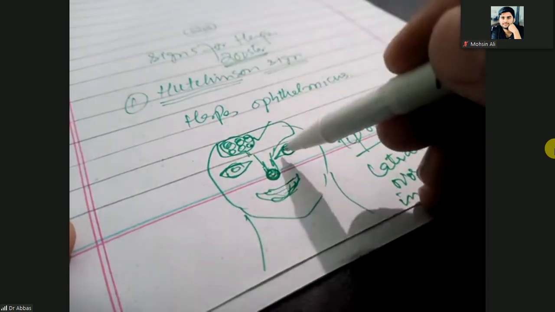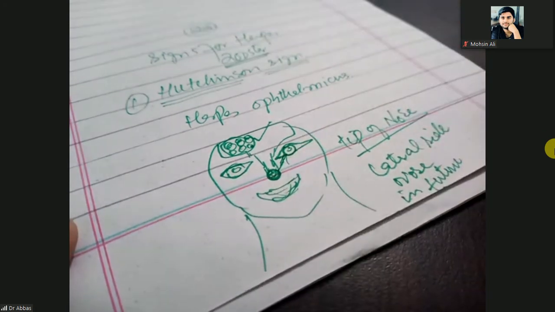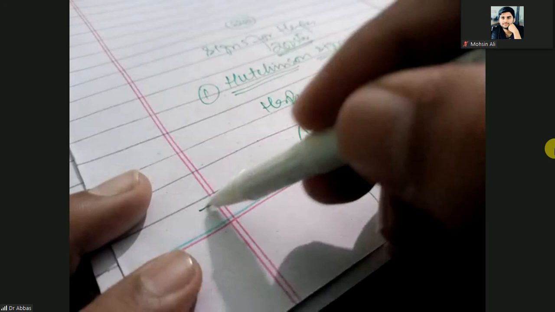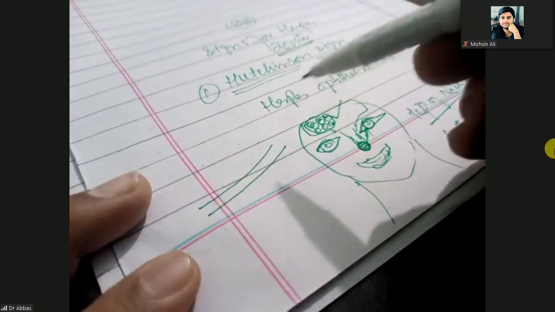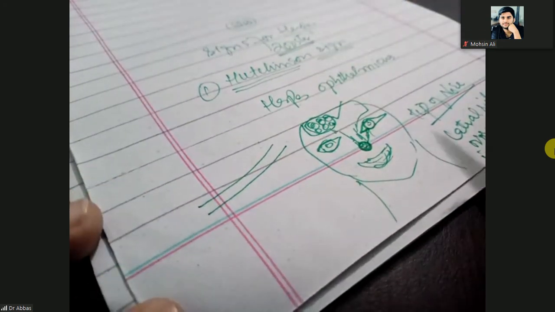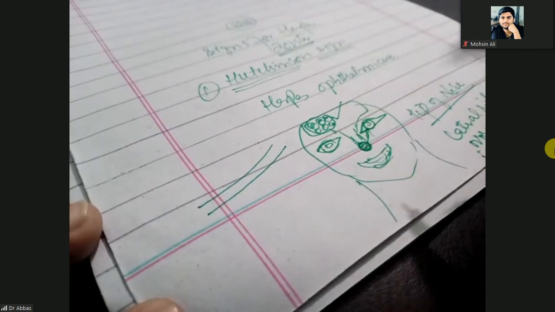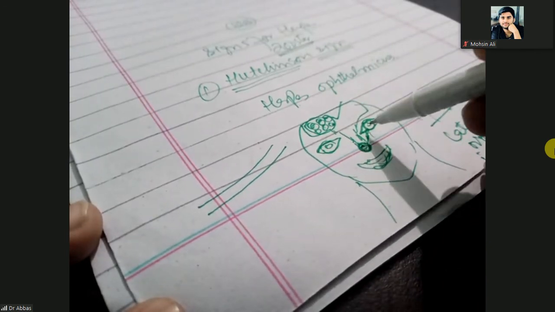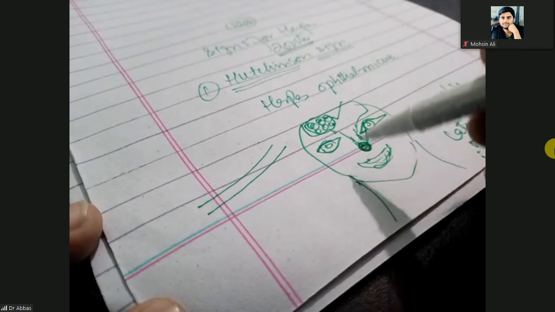Especially this is called herpes ophthalmicus. Why? Because they will pass through the nerve pathway. I have told you these shingles spread along the nerve pathway. The nerves that innervate the tip of the nose and the eyes are the same nerve.